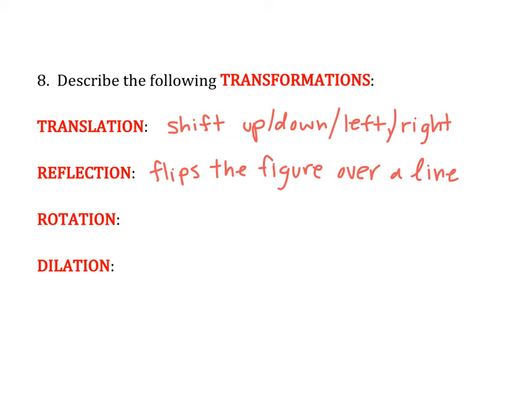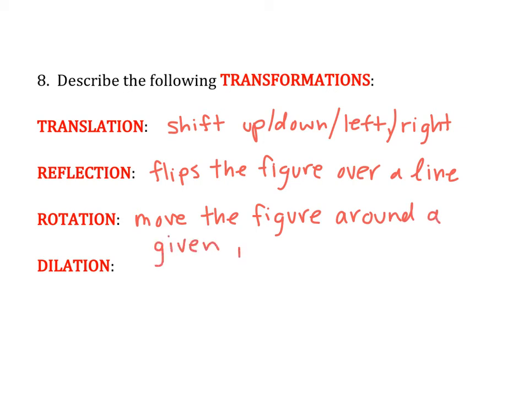So a rotation is when you move the figure around a given point. So this once again will change the way that your figure is facing. It might change which quadrant it's in. However, it won't change the actual shape of your graph. It's just moved in a different location and it's kind of pointing a different direction.